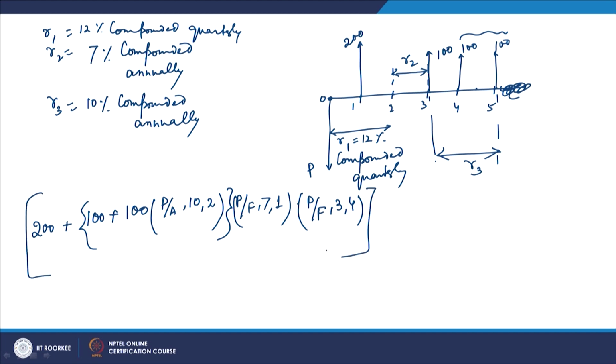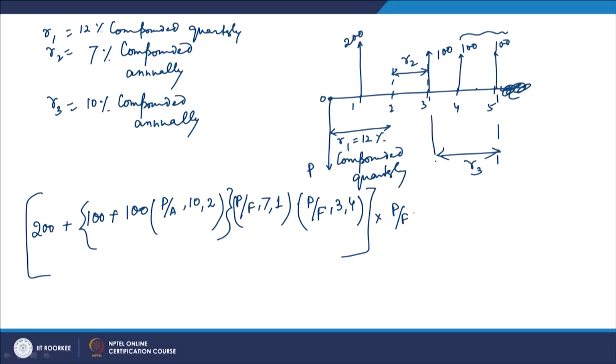Now, for finding the present amount, you have to find the equivalent amount at 0 time. So, you will again multiply with P by F 3 4. This is how you take into account the different interest rates which are effective in different time domains.